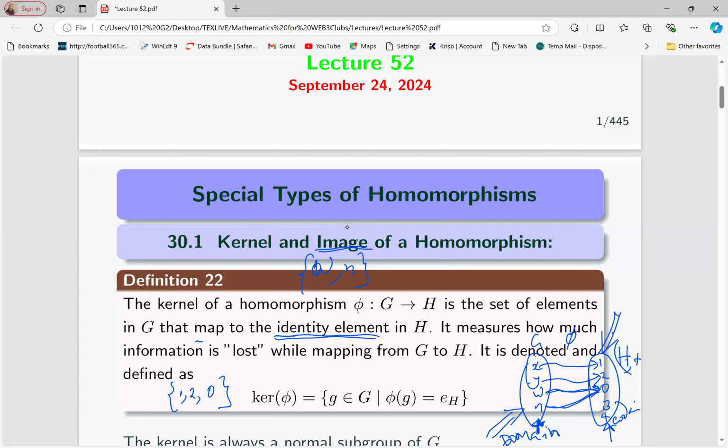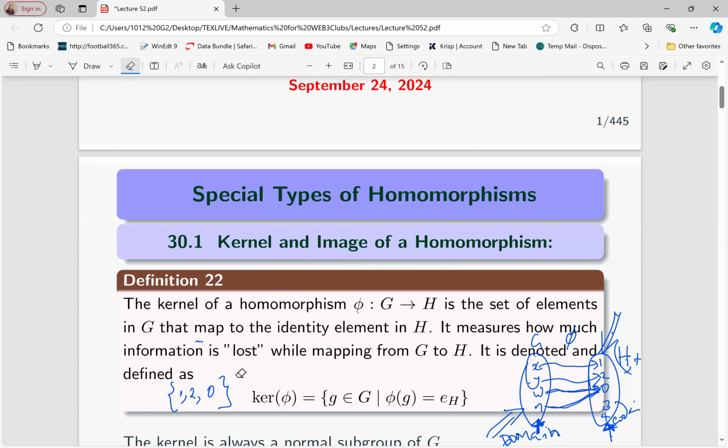The set of those elements becomes the kernel. What about the image? We consider the codomain, and then we check the elements which are the image. So that is the definition of the kernel and image.